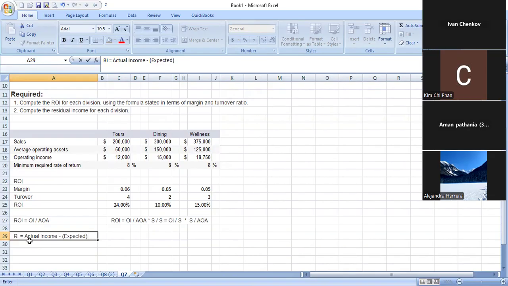And what do we expect? We expect to generate 8%, correct? Yes.